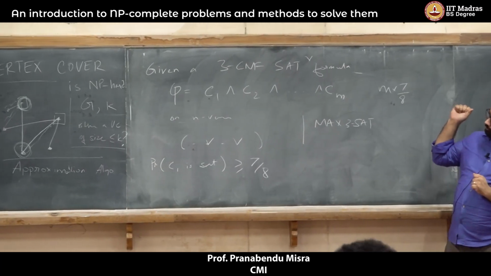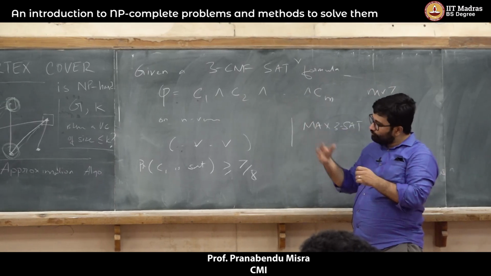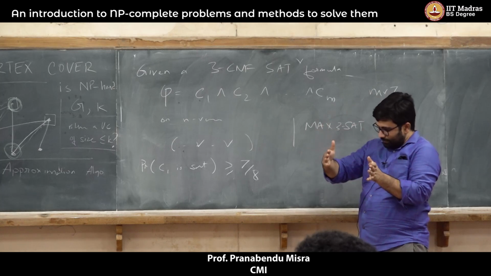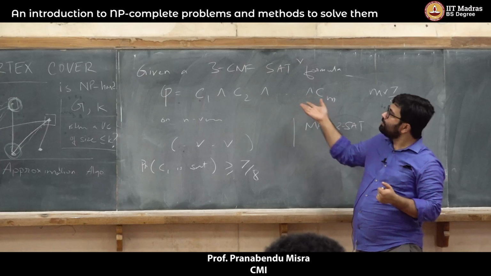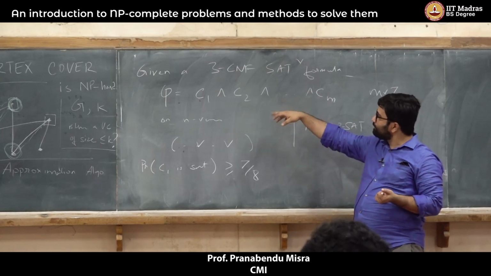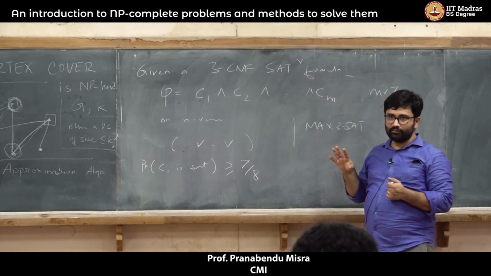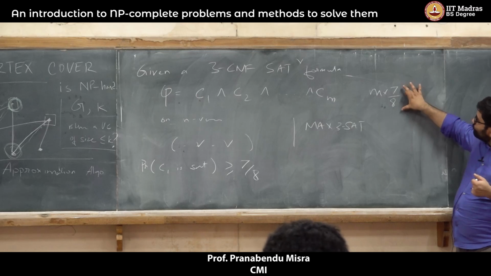Here we want to find the largest number. So maybe it is possible that there is an assignment that satisfies this formula, so all m clauses will be satisfied, but the solution we are finding satisfies a smaller number.